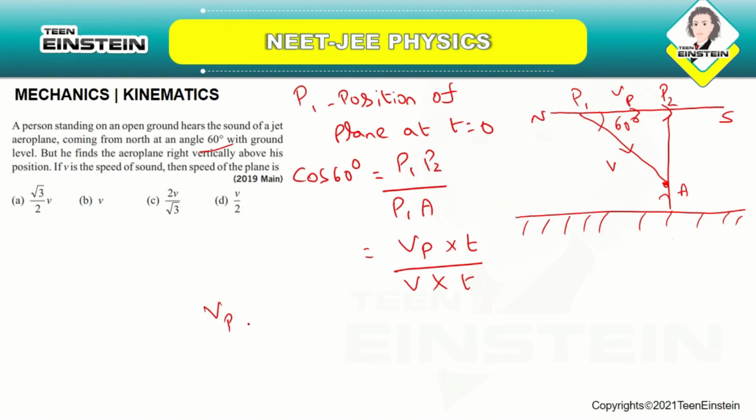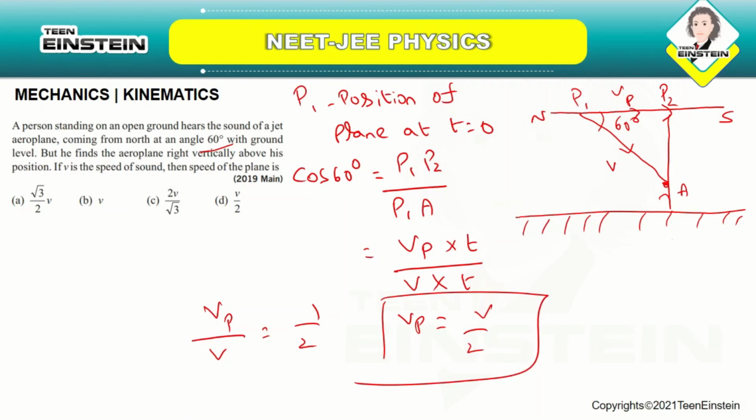So, Vp by V is equal to 1 by 2, or Vp is equal to V by 2. So, if V is the speed of the sound, then the speed of the plane will be V by 2. So, the correct answer is option number D, V by 2.